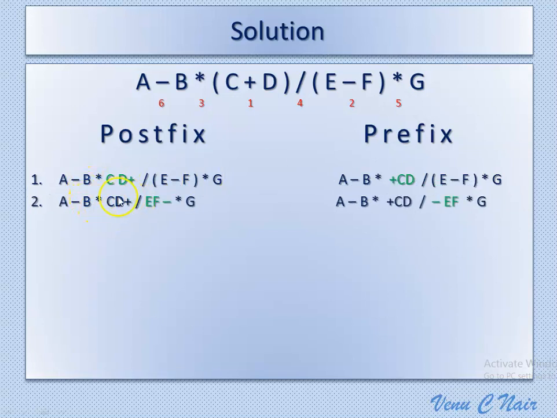We have already done with C D plus and plus C D in postfix and prefix respectively. Now we will be going to the second operation, which is E minus F. It becomes E F minus in postfix and minus E F in prefix.